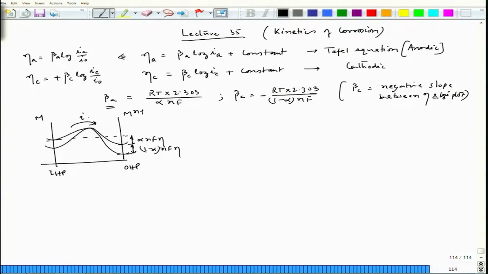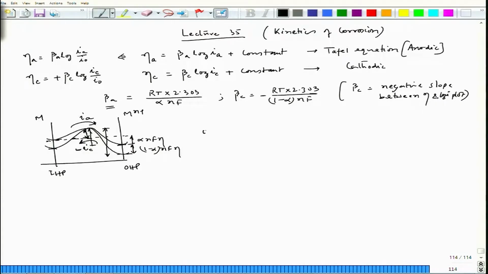So, this is I A, and this side is I C with a negative sign, because it is flowing opposite to I A. When I C equals I A, they experience the same activation barrier, but when I A is higher than I C, the activation barrier for the forward reaction is reducing, and for the backward reaction we get a higher activation barrier. That is why the rate of backward reaction is reducing.